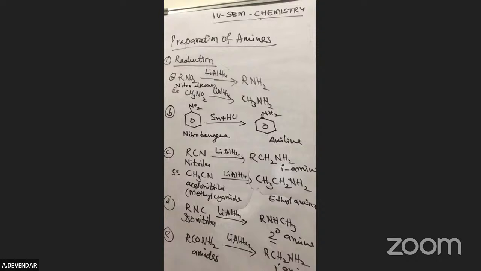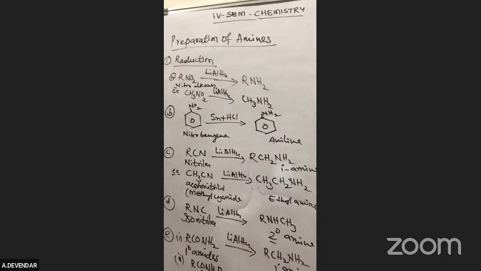Those were primary amides. Suppose we use secondary amides, RCONHR, where one hydrogen is replaced by an alkyl group. This is called a secondary amide.